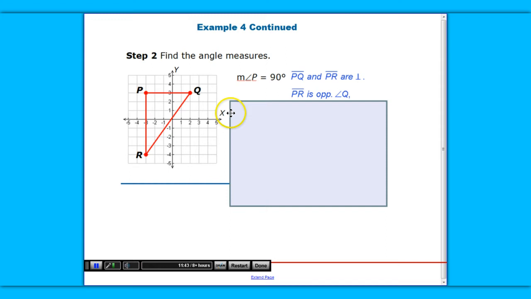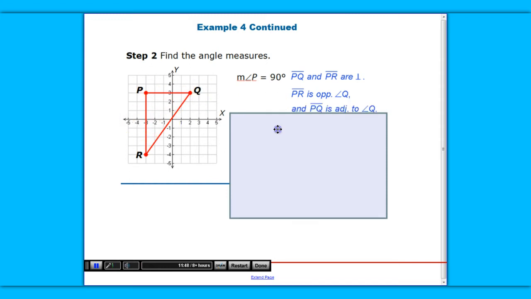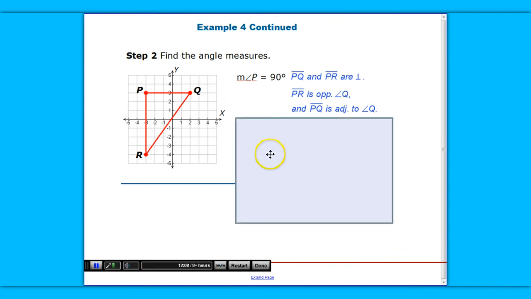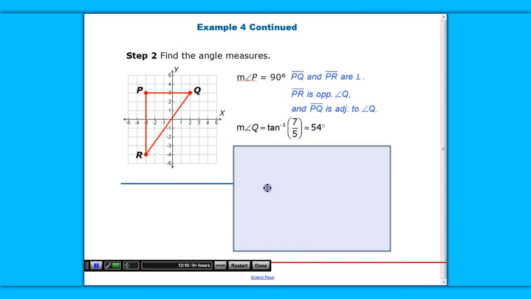PR is opposite angle Q, and PQ is adjacent to angle Q. So if we're going to find angle Q, we could use opposite over adjacent, right? We have those values. And so opposite over adjacent is which trigonometric ratio? That's right, it's tangent. So we can use the inverse tangent of that ratio, 7 over 5, and find the nearest degree, 54 degrees.